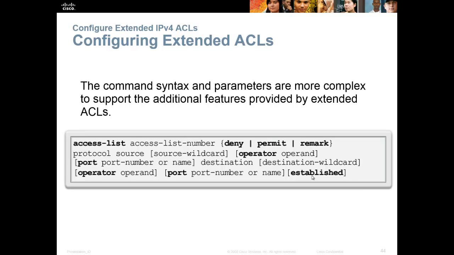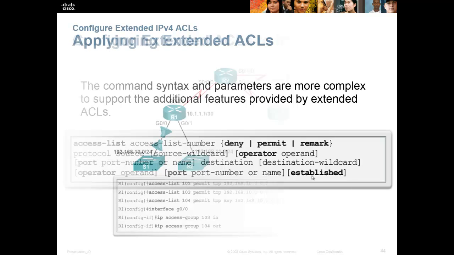So I may block FTP only from established sources. If my PC goes into a router on port 21 and I've established the connection, it allows returning traffic from connections that have been established. So that's what established means: allow the return traffic from the source.